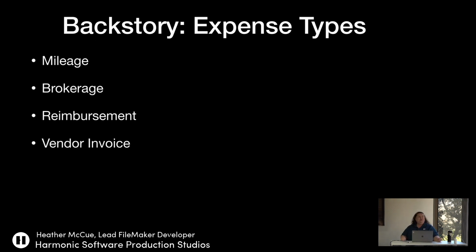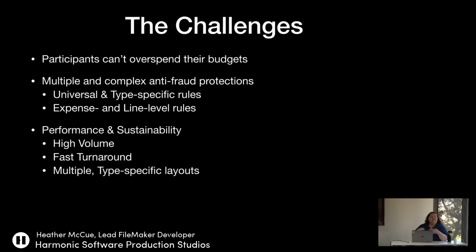We pay by the hour. So on that form, they have to enter a start and stop time in addition to their date. And then, of course, reimbursement and vendor invoices are pretty standard entry like you would expect for any expense: date, quantity, price, etc.